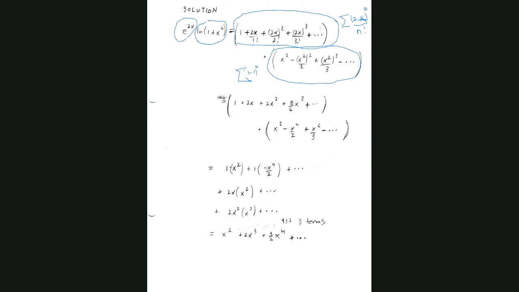But negative 1 to the n minus 1, x to the n power over n. But again, instead of writing the series in the formula form, I'm writing the series this way, where I enumerate some terms.